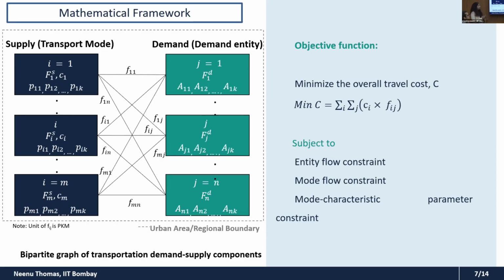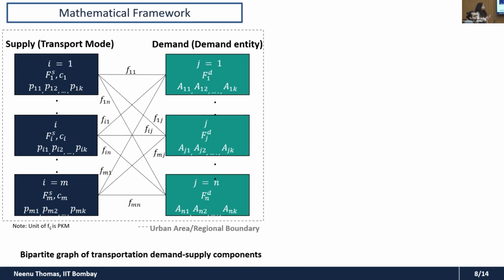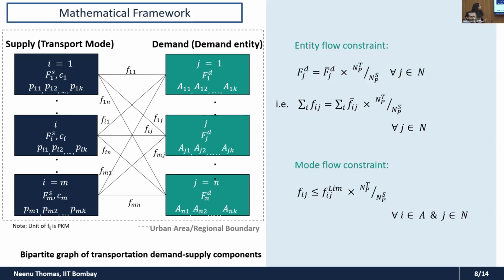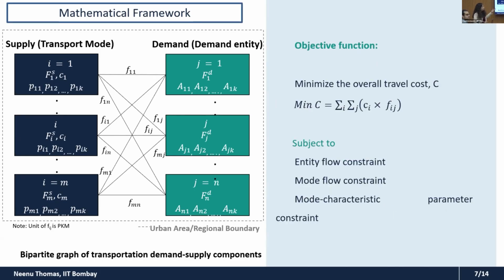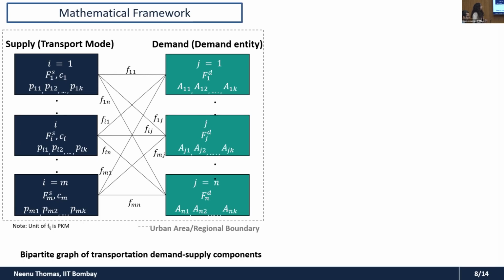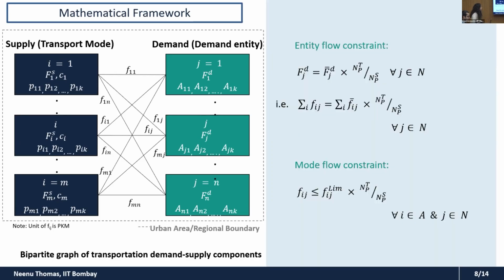Other than that, we have constraints such as the entity flow constraint, mode flow constraint, and mode characteristic parameter constraint. The entity flow constraint is nothing but saying that if some group, let's say work trips, has a demand for a particular value, it should be satisfied by these modes.